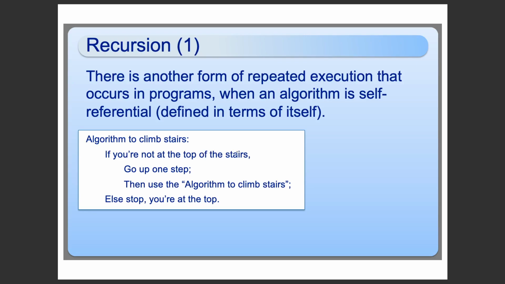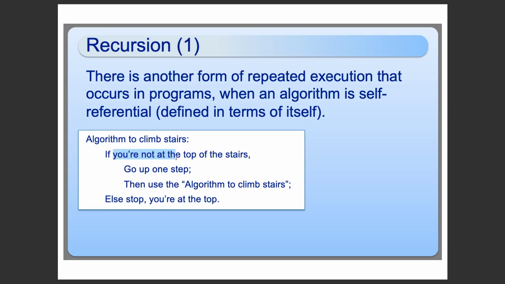If you're not at the top of the stairs, go up one step, then use the algorithm to climb the stairs, and so on. If you run this algorithm, it's going to keep on invoking versions of itself until the expression in the clause of the if statement is false. When this is false, we do the else part, which simply says stop, you've reached the top.